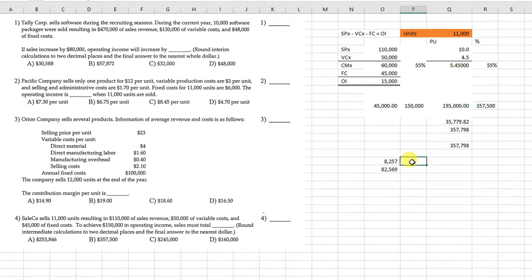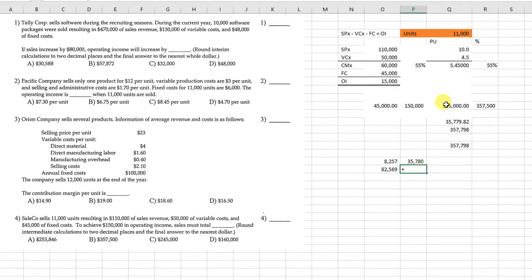If I want target profit, it's fixed cost plus target profit divided by contribution margin per unit. For break even in units, I can multiply it by 10 to get the 357,000. I'm rounding here.